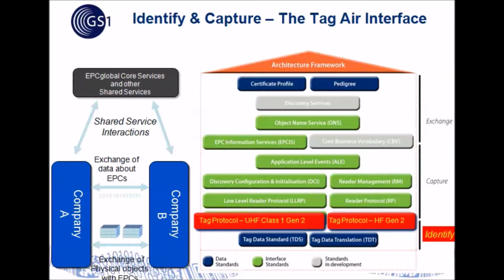The tag protocols have been defined for use within the EPC Global network, and several are under development. In this semester, we focus on the UHF Class 1 Gen 2 tag protocol and the HF (High Frequency) Gen 2 tag air interface.